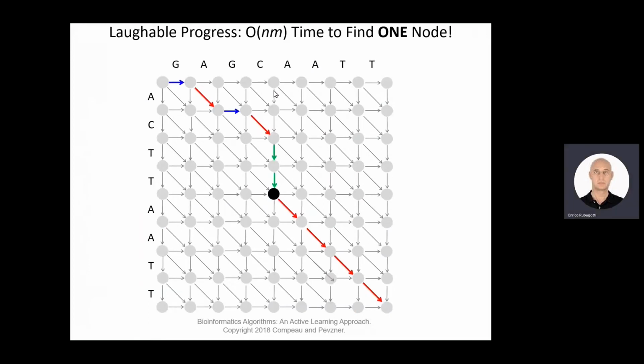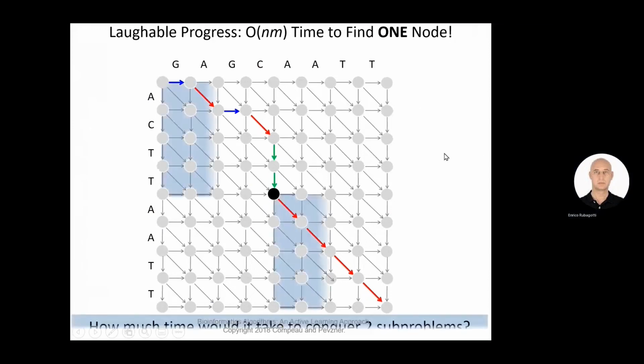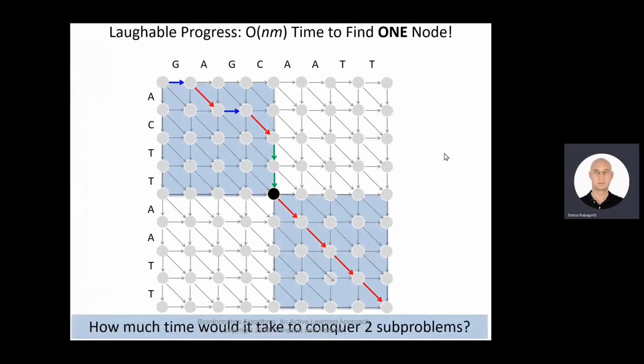So I didn't find in reality a good algorithm, because to find one node, I have anyway a quadratic time. But once I have it, all the further problems are divided by 2. Why?